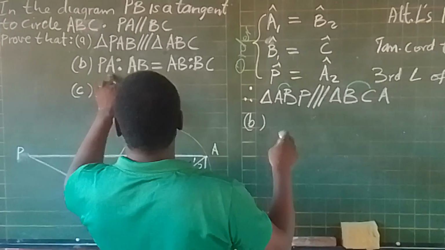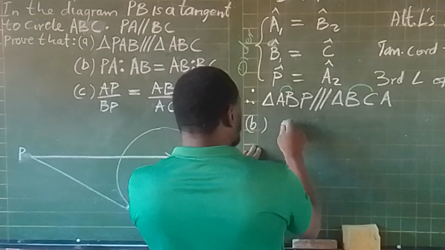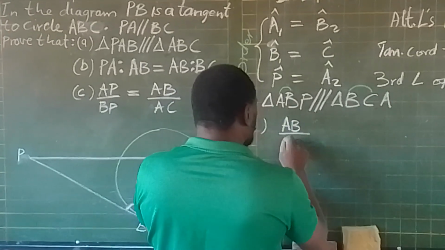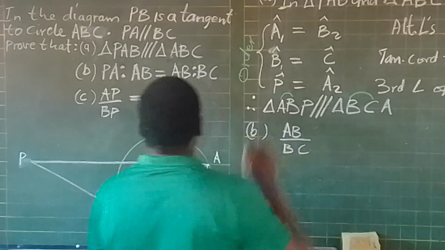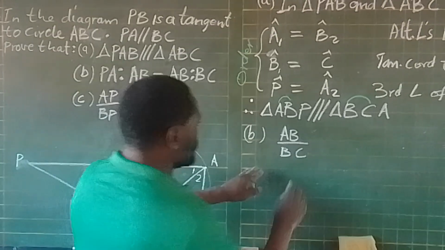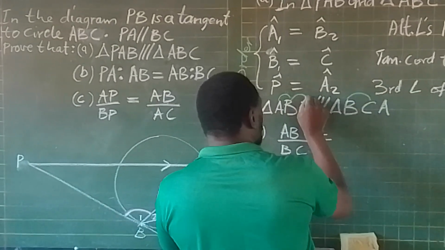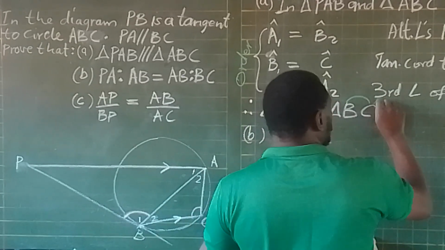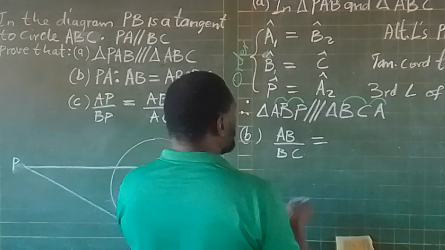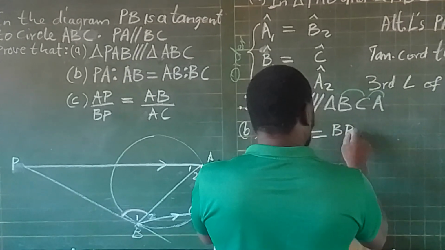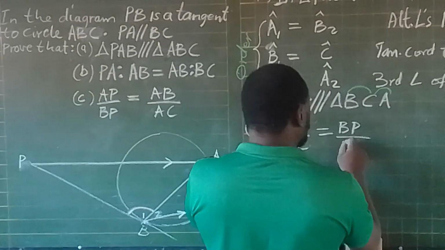Here they're using AB. Take AB over BC is equal to, you take this one with that one, equal to BP over CA.